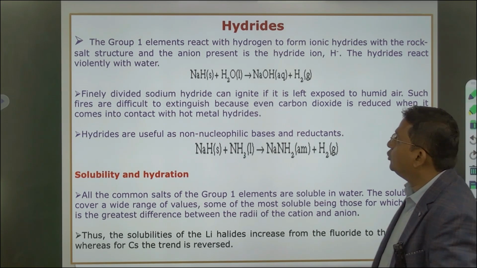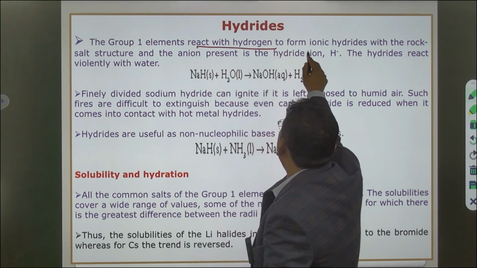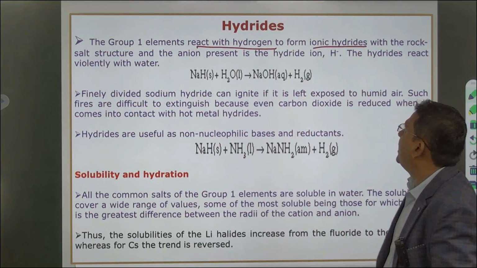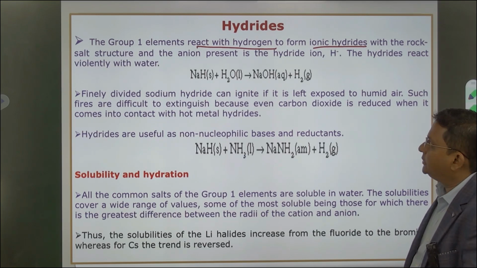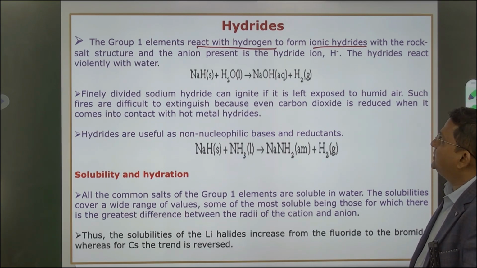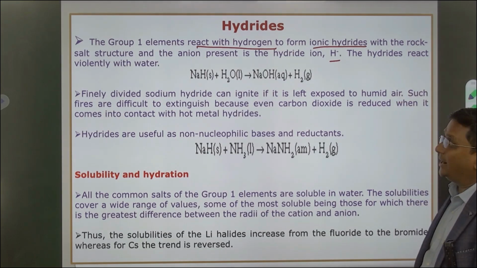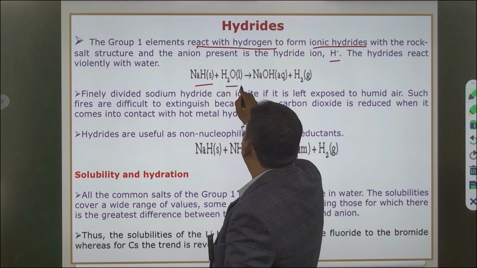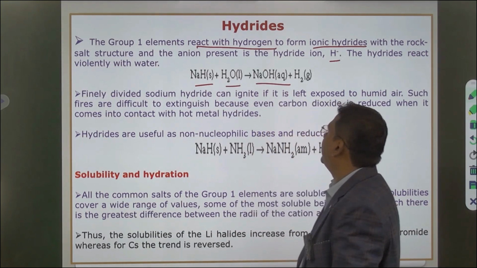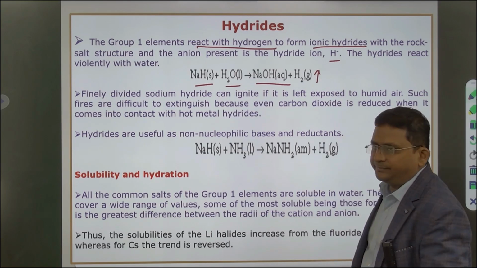Hydrides. Group 1 elements react with hydrogen to form ionic hydrides with the rock salt structure, and the ion present in the hydride is H-. The hydrides react violently with water. Sodium hydride with water gives sodium hydroxide, and hydrogen gas is liberated.